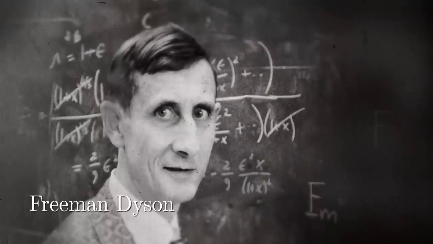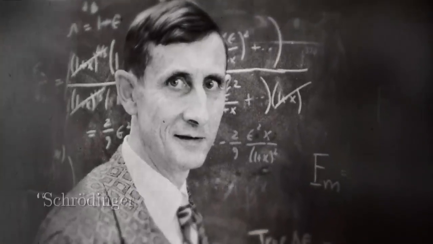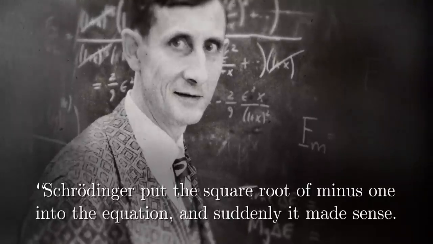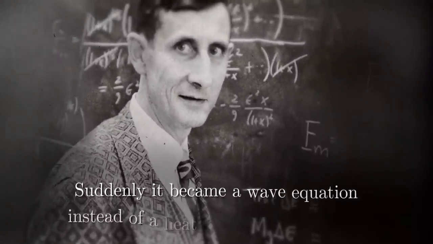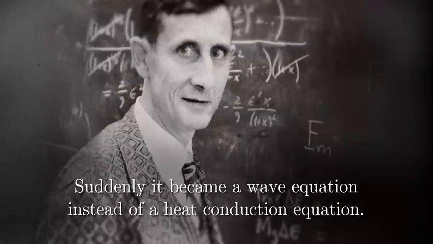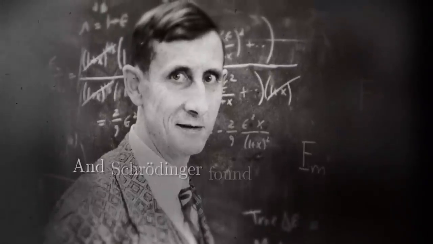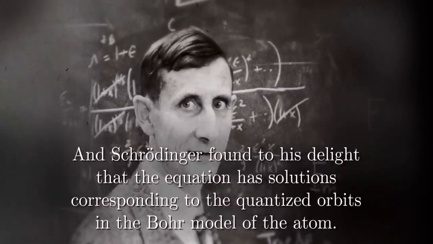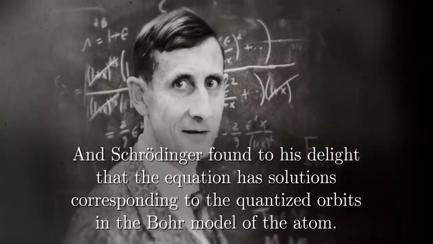The physicist Freeman Dyson later writes, "Schrödinger put the square root of -1 into the equation, and suddenly it made sense. Suddenly, it became a wave equation instead of a heat conduction equation." And Schrödinger found, to his delight, that the equation has solutions corresponding to the quantized orbits in the Bohr model of the atom.